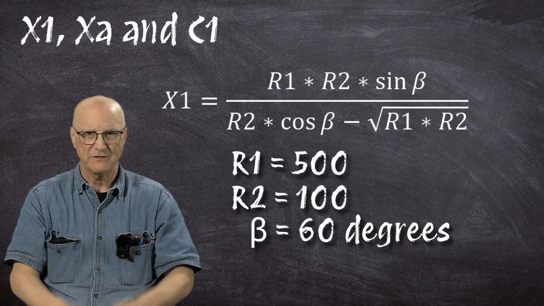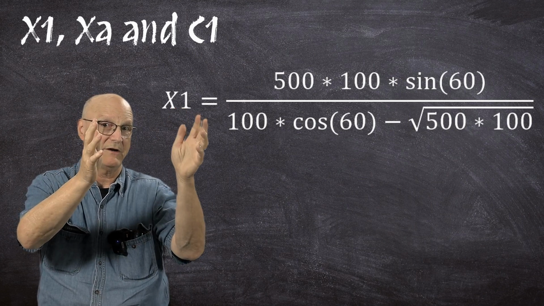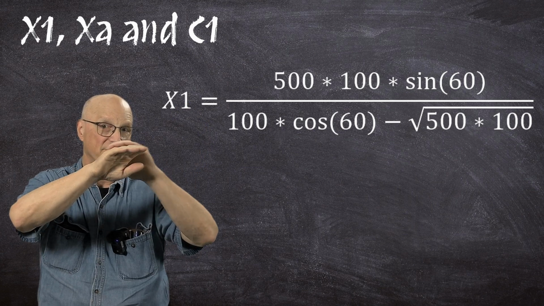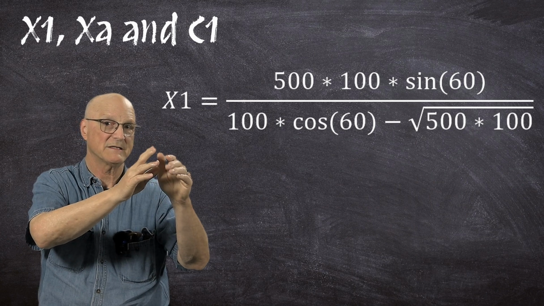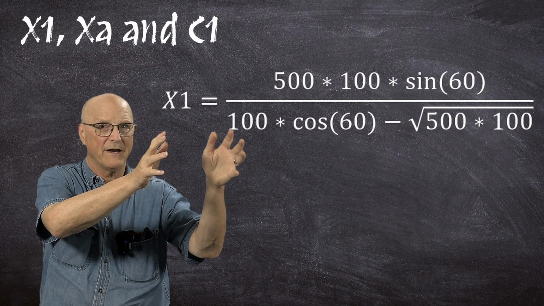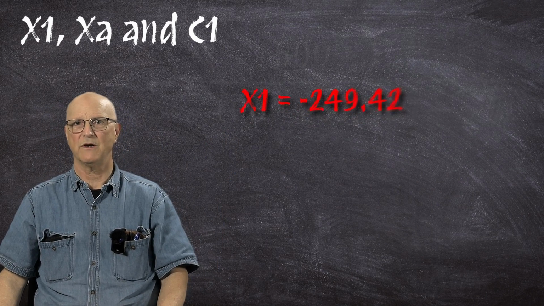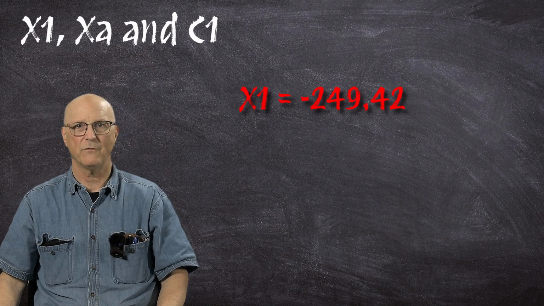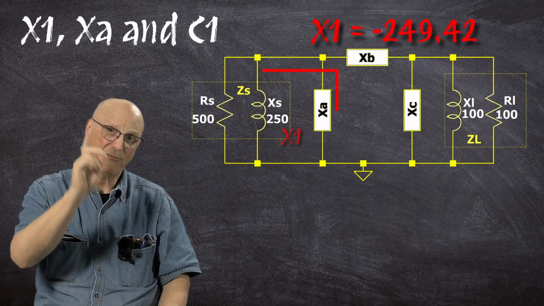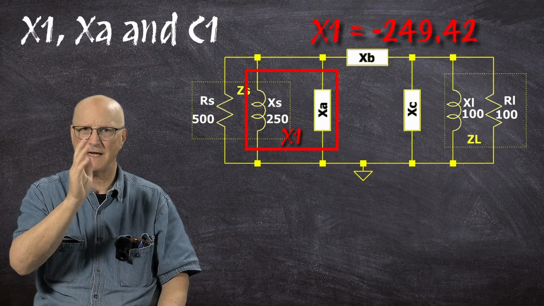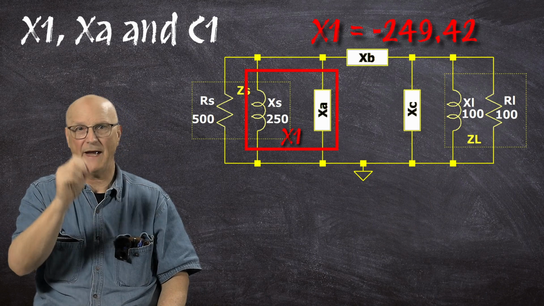Putting all these values in our equation, we have that X1 equals 500 times 100 times the sine of 60 divided by 100 times the cosine of 60 minus the square root of the quantity 500 times 100, which gives us a reactance for X1 of minus 249.42.